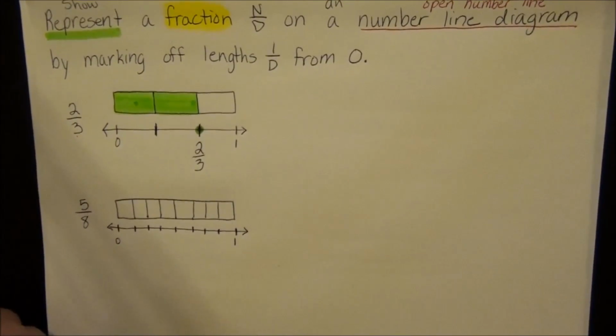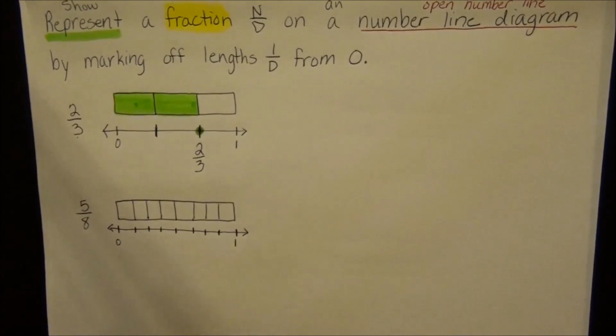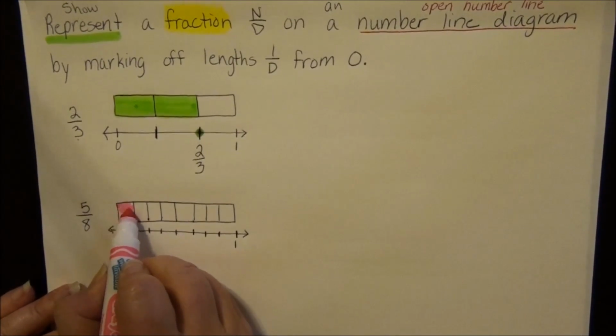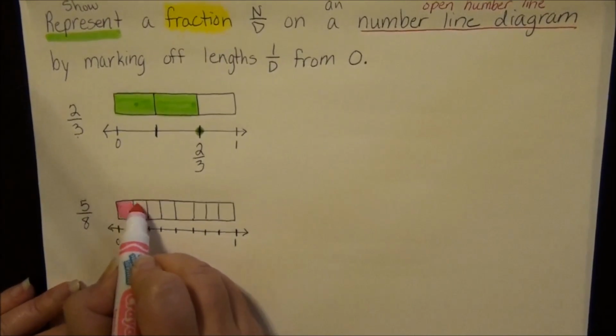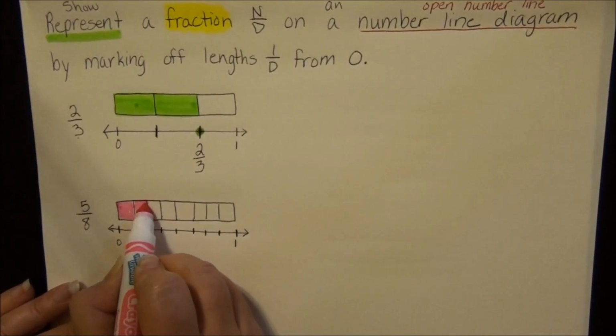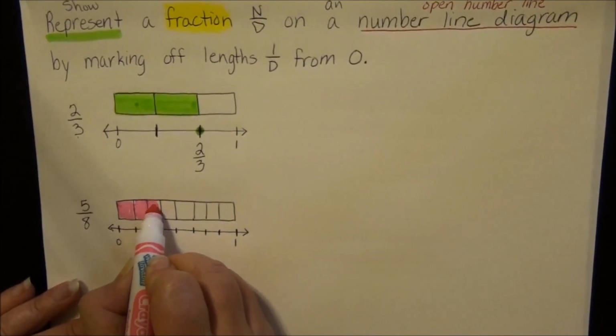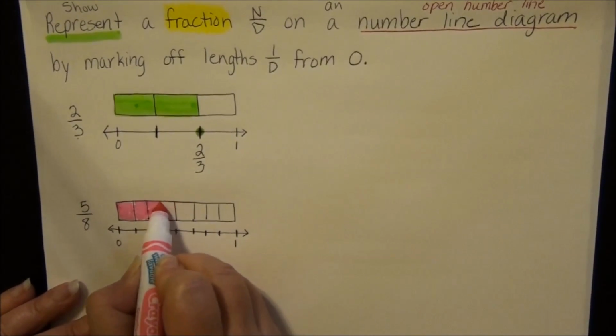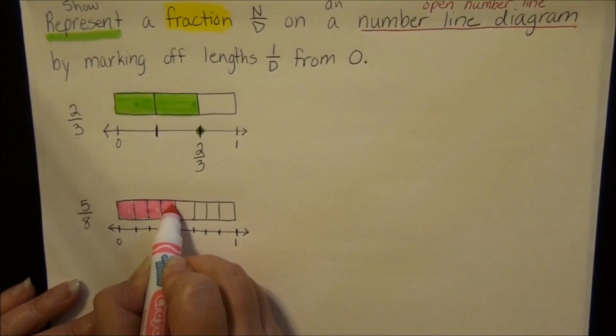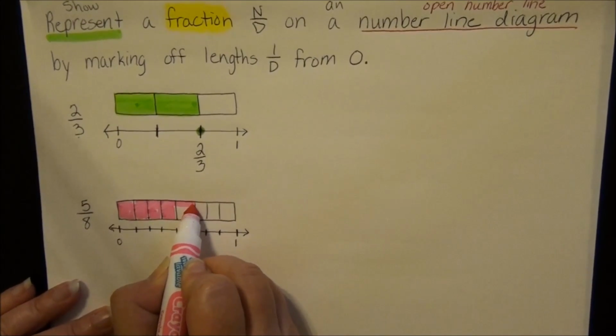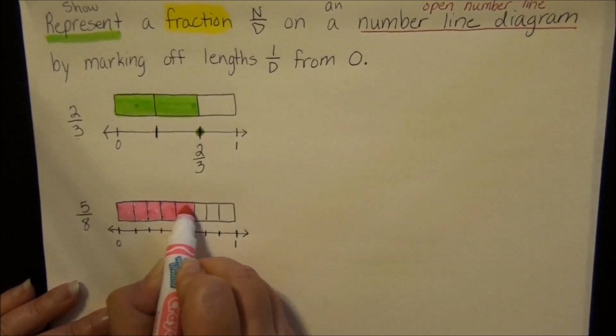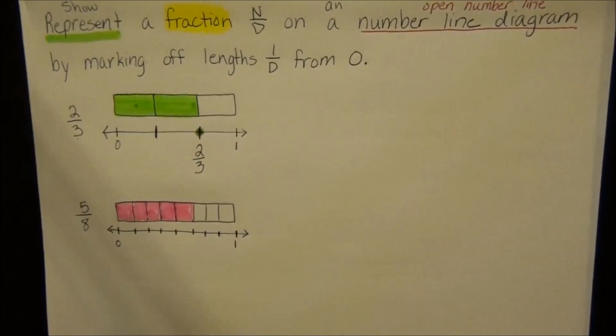Okay, now I'm going to color in 5 equal parts, 1 equal part, 2 equal parts, 3 equal parts, 4 equal parts, 5 equal parts. Now, when we first learn how to color in fractions, we often say it doesn't matter which ones you color in.